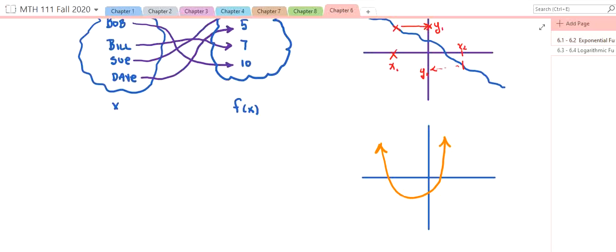So here we have x values. If I chose an x value here, then I get this y value, but also that y value is associated with this x value. So this is not one-to-one.